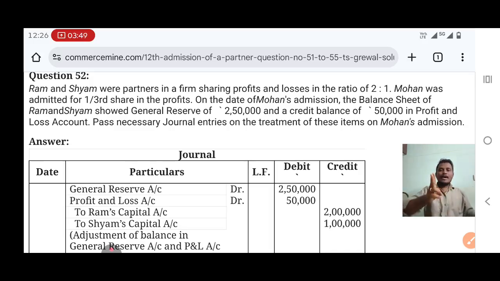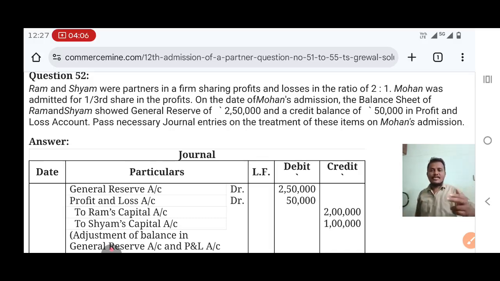Here there are two partners, so to Ram's capital account and to Shyam's capital account, split in the old ratio 2:1. General reserve is 2,50,000 and profit and loss account is 50,000.